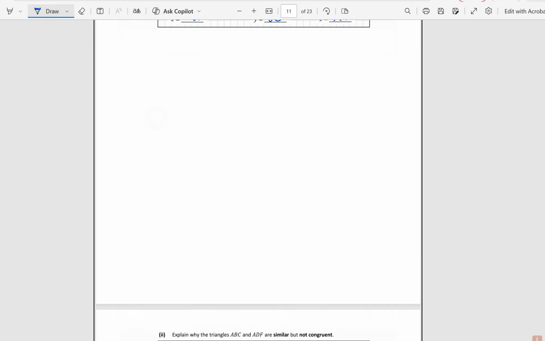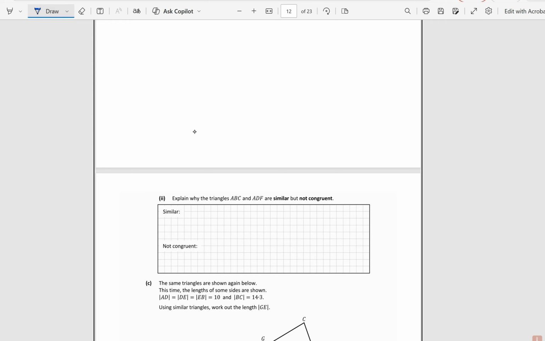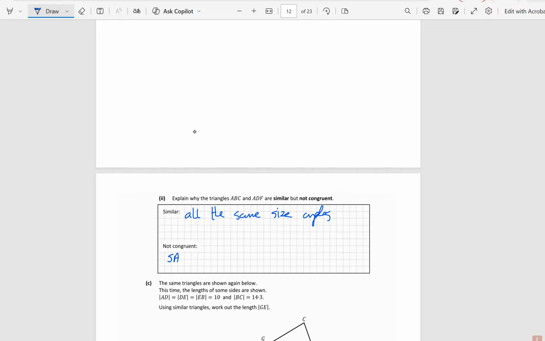So we're asked why are they similar? Because they've all the same size angles. And why are they not congruent then? Congruent triangles are the same angles, same size. If you remember, it had to be side, angle, angle, or side, side, side.